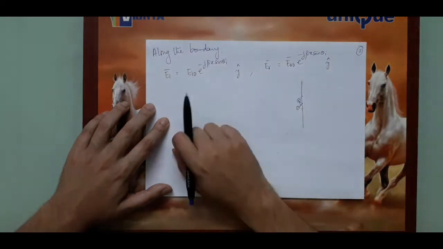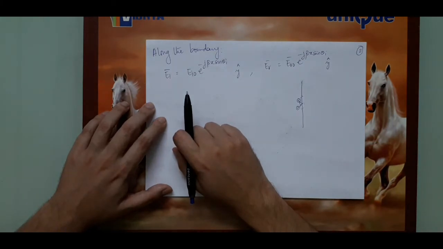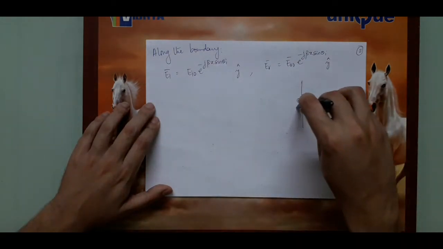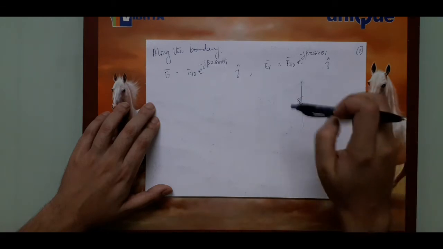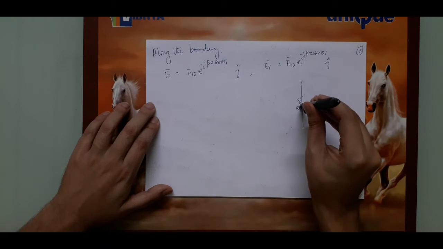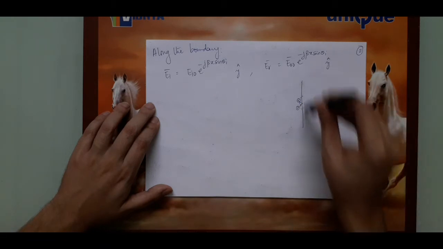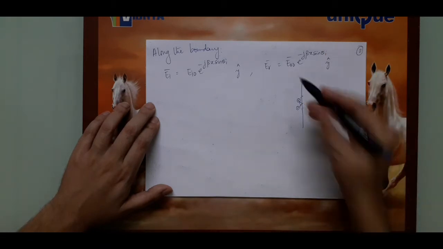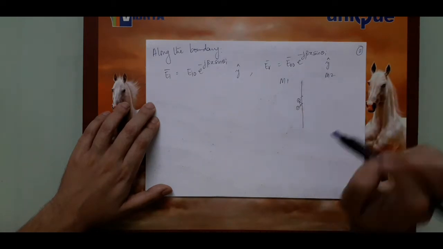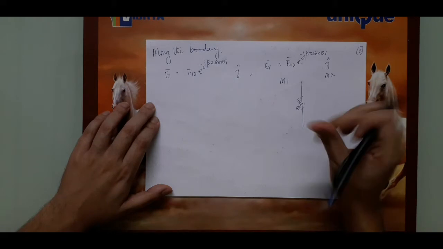EI and ER are present at the same space point, so we can say that since these two fields are perpendicular to the surface of the paper but parallel to the media boundary, this is medium 1, this is medium 2, both of these fields can be considered as tangential fields.